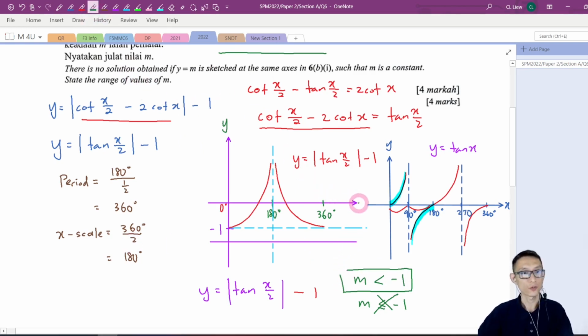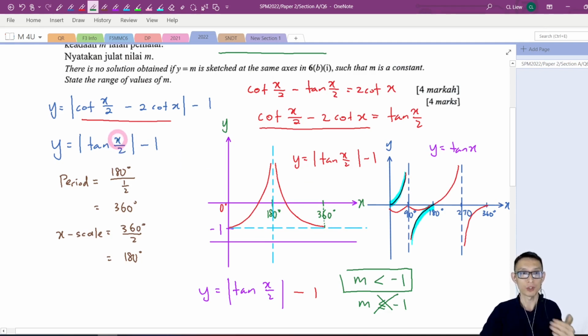Okay, so just now I forgot to label the axis. This is x. Now some students might be thinking, teacher, the graph can go up like this, right? Why not the graph go down? Can the graph go down below the minus 1? No, cannot. Why? Because you try to think, this is modulus, right?